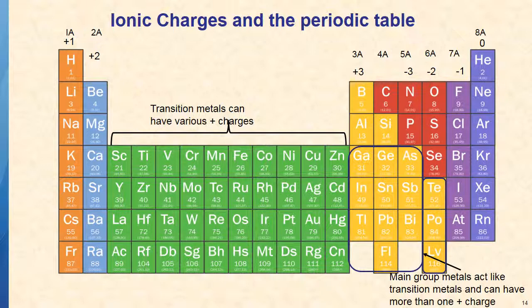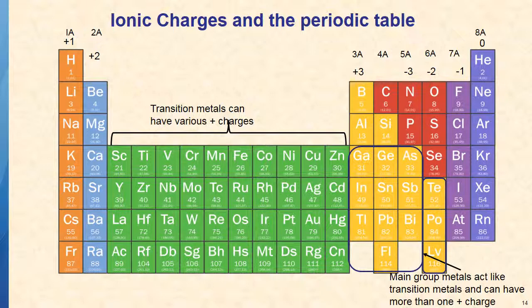Group 4A, carbon and silicon, form a zero, they don't form ions. Group 5A, nitrogen and phosphorus, are a -3. Oxygen, sulfur, and selenium in group 6A are a -2. All of those in group 7A are nonmetals, and so they form a -1. And of course, the noble gases don't form ions either because they are very content with having a full shell.